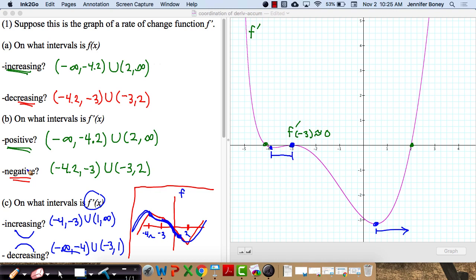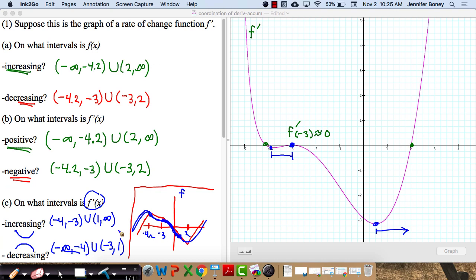So if you see an accumulation function that's curved upward, its derivative is increasing, meaning the second derivative is positive. Or if you see an accumulation function curved downward, that means that its rate of change is decreasing, or its second derivative is negative.